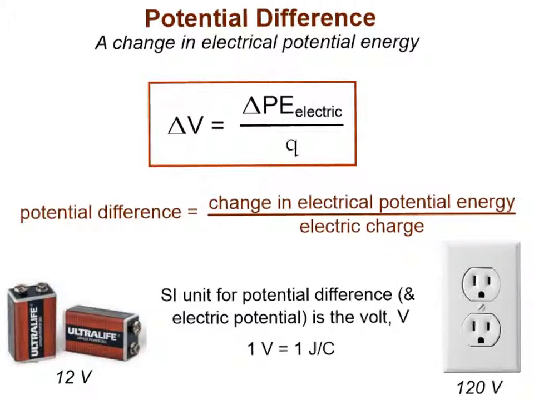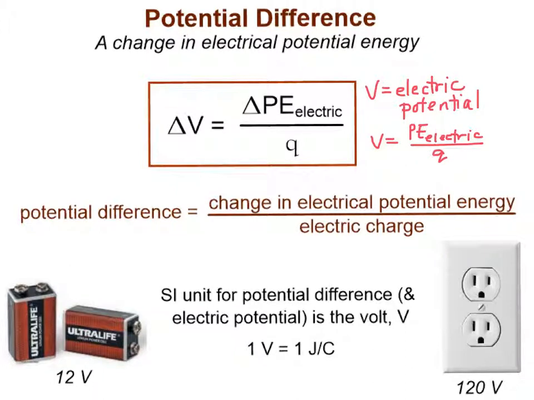If you're a little bit confused about the difference between potential difference and electric potential, let me define that real quick. V will represent simply electric potential. If we think about just electric potential rather than the change in electric potential, that is equal to just the potential energy divided by the charge, not the change in it.